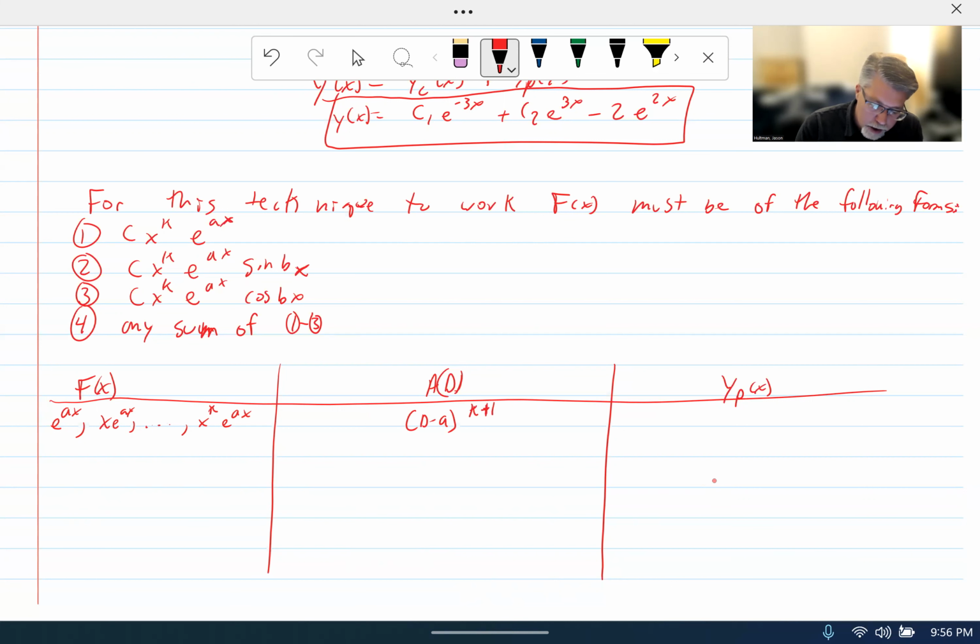And so if I get x to the first, then that's going to be D minus a squared. But if I get x to the 0 power, which is just e to the ax, then that's going to be D minus a to the first power.